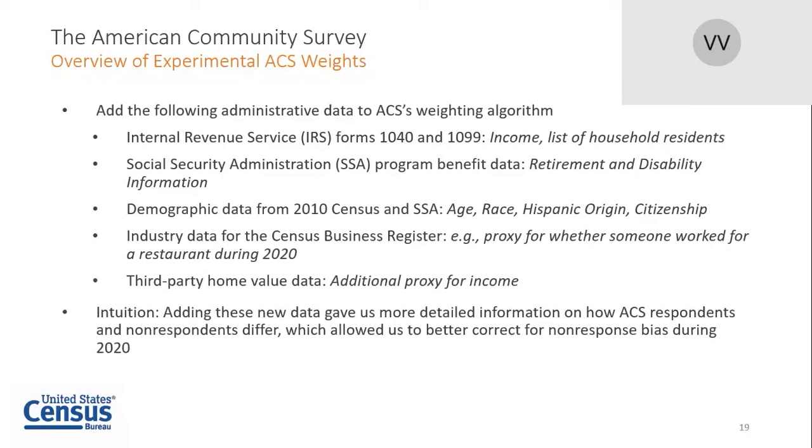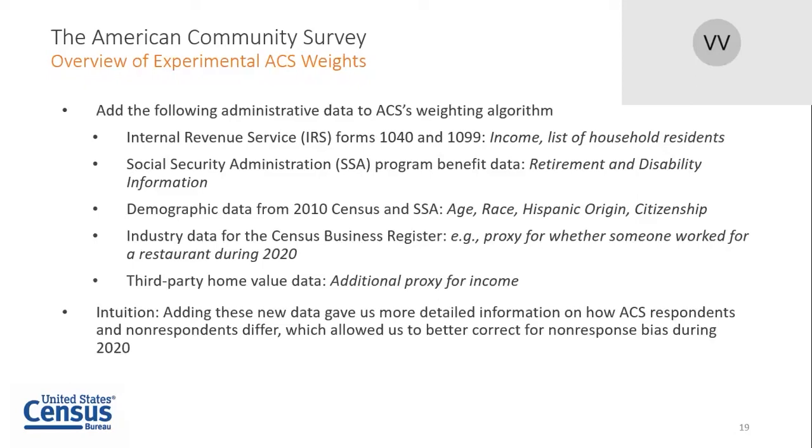We also use demographic data from the 2010 Census and the Social Security Administration, giving us data on age, race, Hispanic origin, citizenship, and foreign-born status. We also make use of industry data from the Census Business Register. That gives us, for example, a proxy of whether someone worked for a restaurant during 2020.